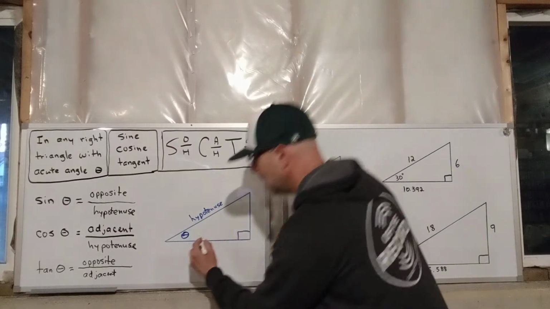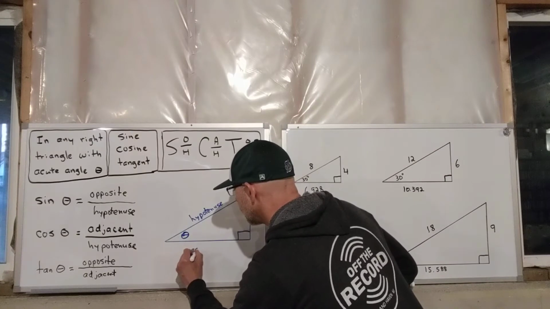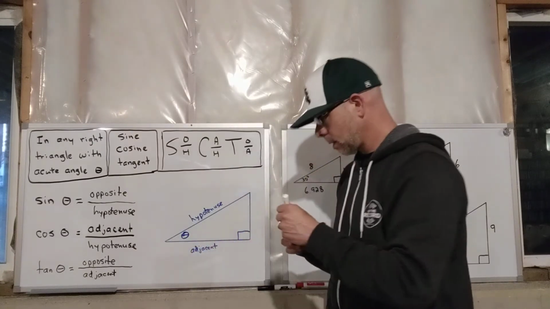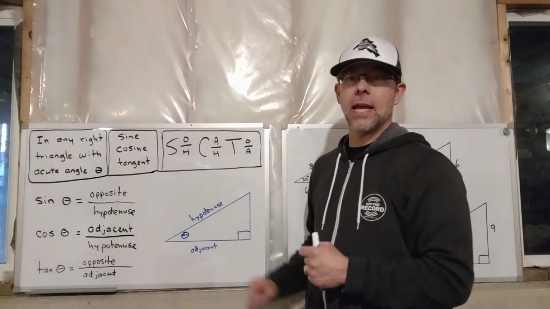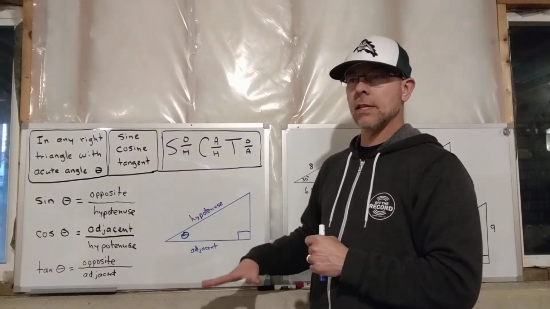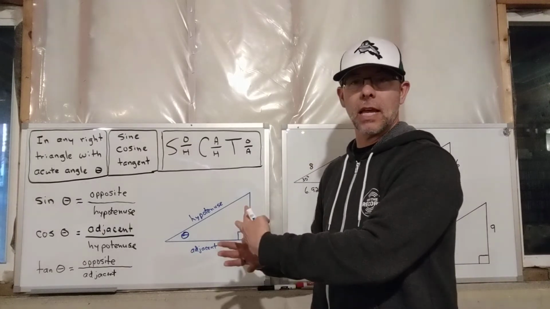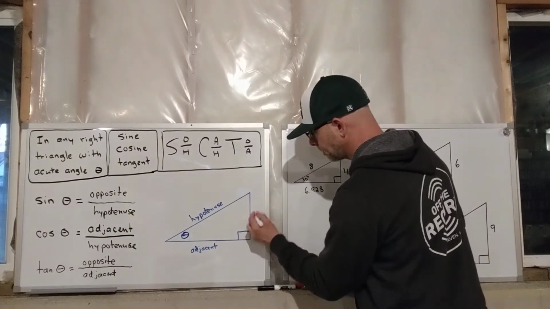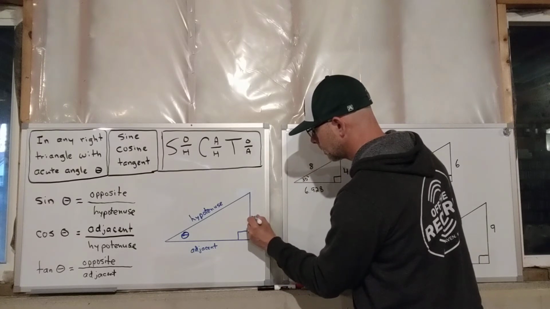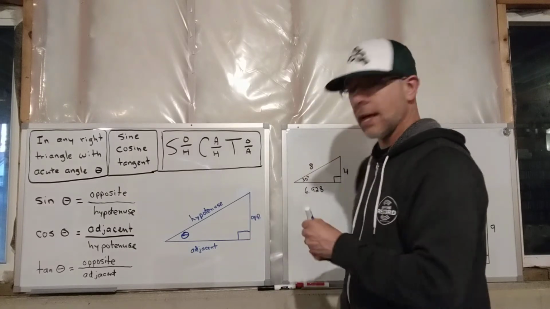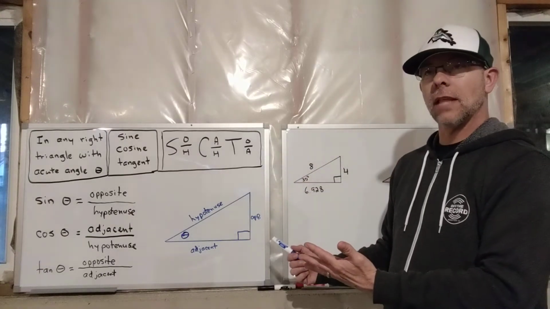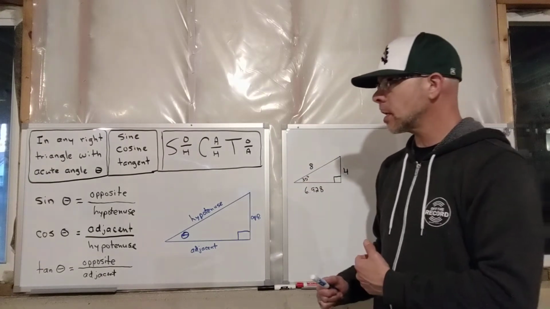This side is adjacent. Because it's right next to and touching that theta. The word opposite in this case means across from the theta, the side that's not touching it. That's this side. Now I'm just going to use the letters OPP for opposite. So there's the labeling of this particular triangle.